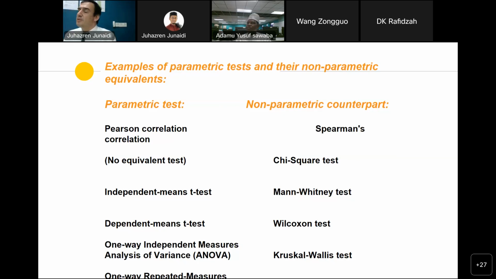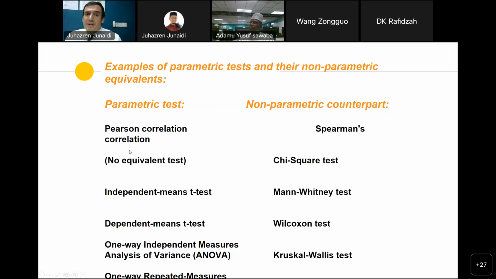So if you have only 12, it's too small to make any interpretation. That's why you can't use parametric tests. You have to switch into the non-parametric test. You can say this specific person wears ties, and another one does not. That's all you can say.